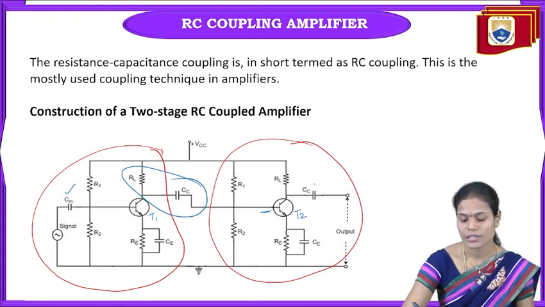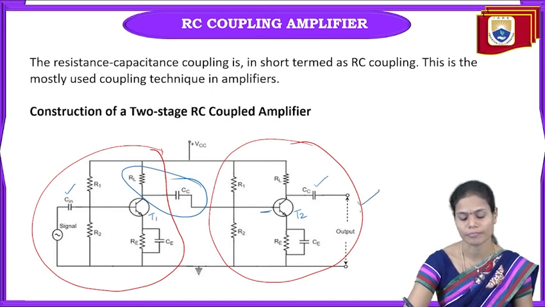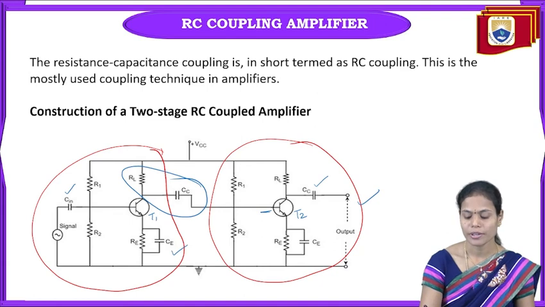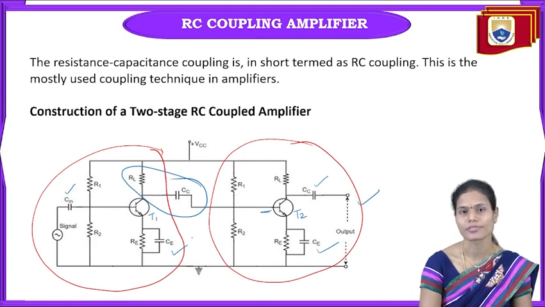And this coupling capacitor CC across the last stage is used to provide the output voltage here. And the emitter bypass capacitors across both the stages are used to provide the path for the amplified AC signal.